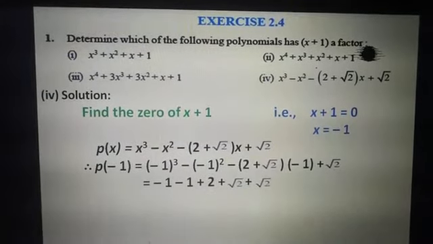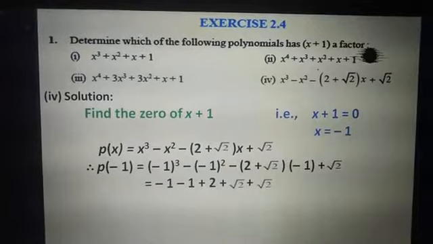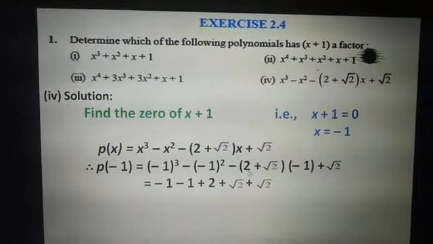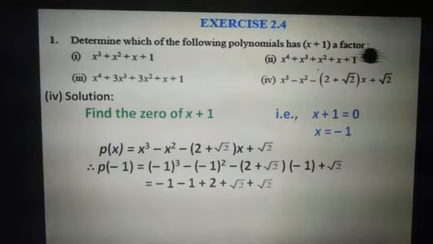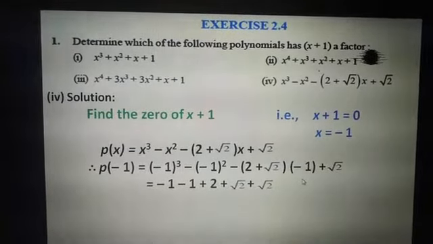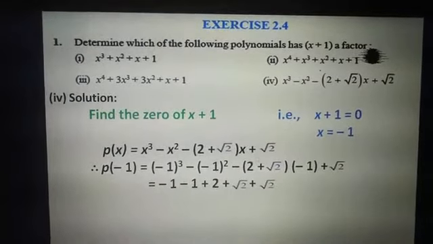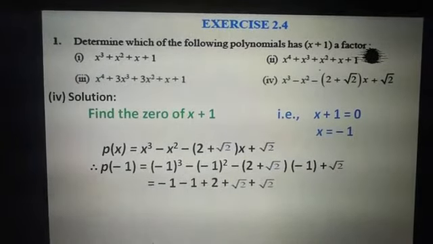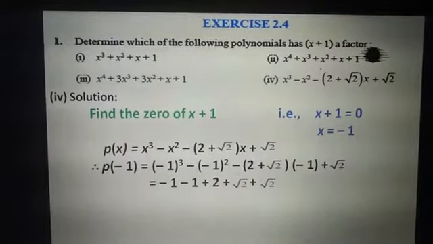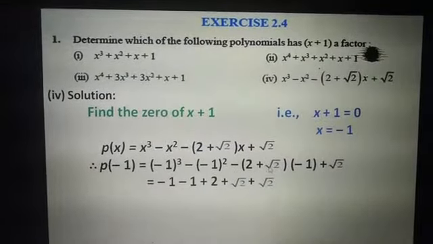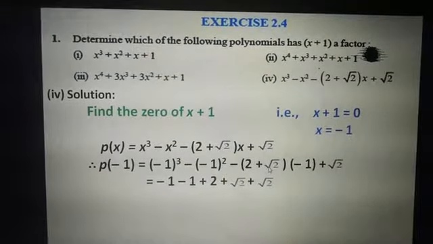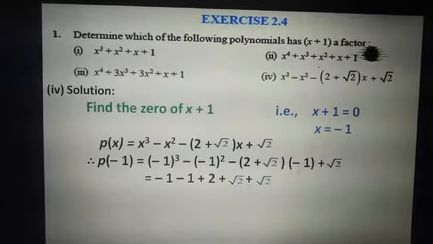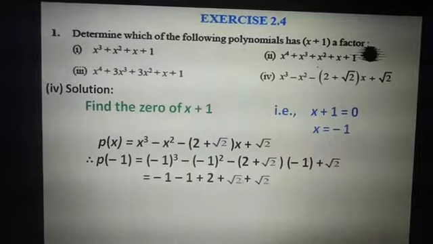Here minus 2, see, this minus will go inside. This is minus 2. Minus 2 into minus 1 into minus 1, what you will get? Minus 2 into minus 1 is plus 2. Here plus 2. Next, this minus will go inside, minus into plus root 2, so minus root 2. Minus root 2 into minus 1, which is plus root 2.